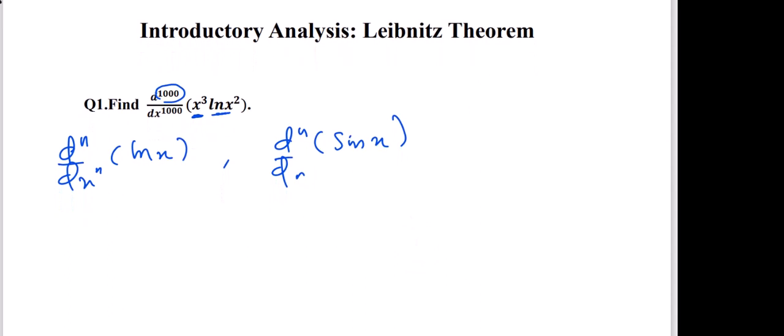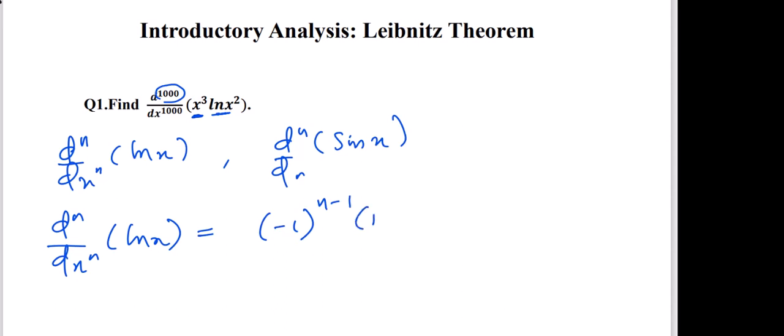If you don't know them, for the logarithmic function, if we want to differentiate ln x n number of times, the generalization for this particular derivative is given as -1 power n minus 1 into brackets n minus 1 all factorial x power -n.